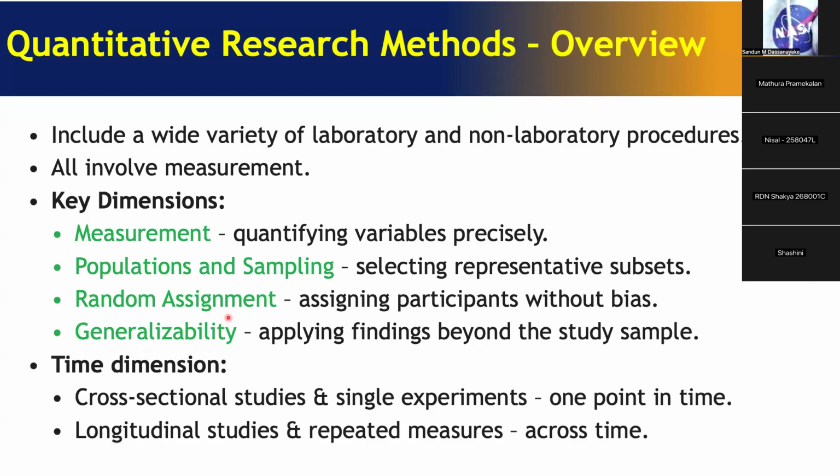And then generalizability. That's what science is all about. When we write the conclusion, we conclude the study, but when we do the discussion, we try to generalize so that it has more breadth and depth. So it's the generalizability of your work.